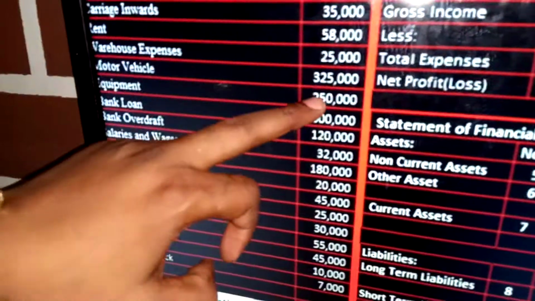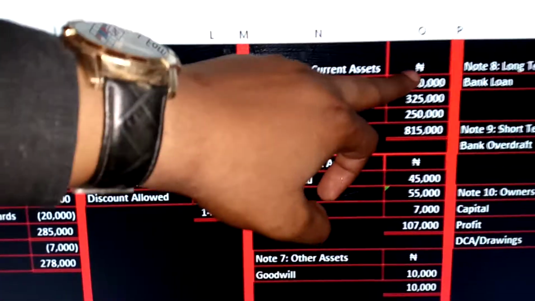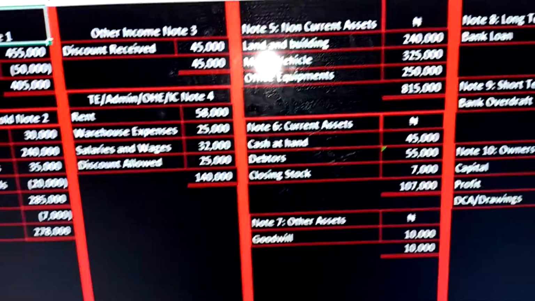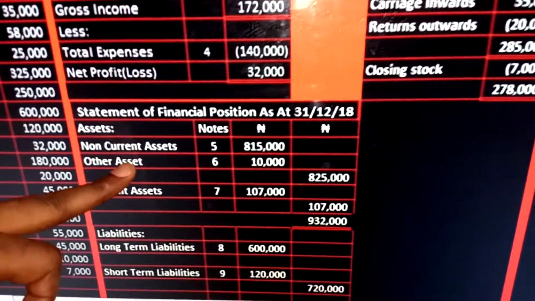Office equipment from the question, we have equipment here, 250,000. I guess we had just 3 items making the non-current assets. So when we add it together, 240 plus 325 plus 250, we have 815,000. That is what we have here, non-current assets, 815,000. So we have other assets.